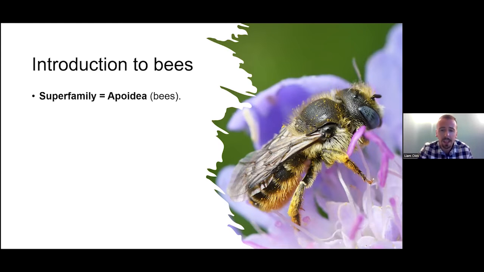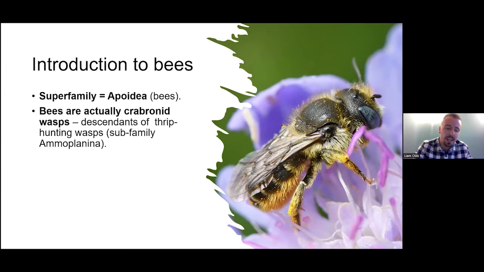Within the Hymenoptera, they belong to the superfamily called the Apoidea, which are the bees. A fun fact is that bees are essentially wasps. They evolved from a group of wasps that hunted thrips, which are tiny little insects that you sometimes see in flowers.